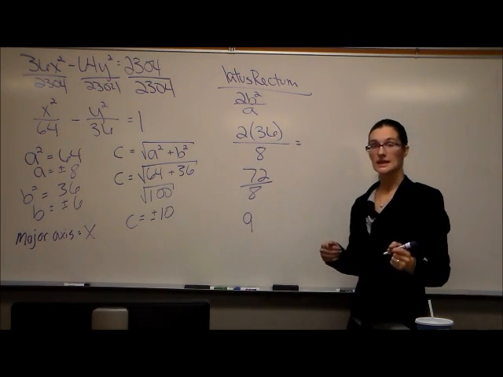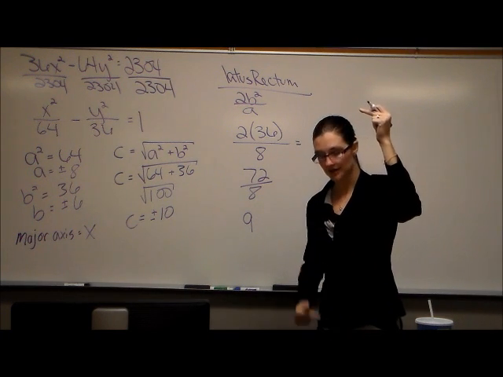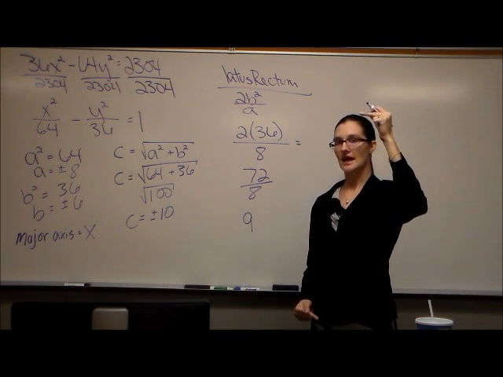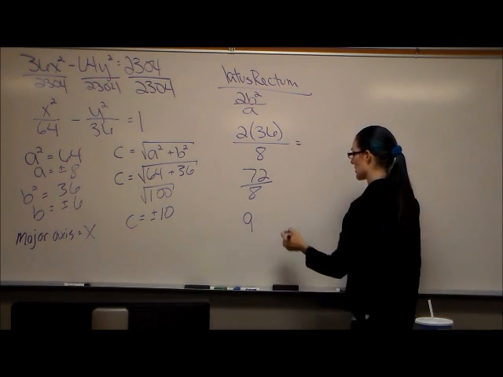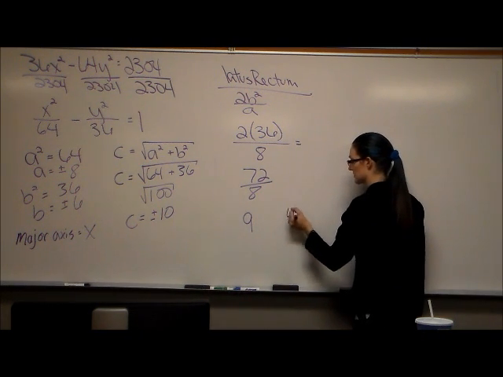Okay. Which means the amount that it goes up and the amount that it goes down is only half the distance of the entire thing, coming from the center. So our up and down is going to be 4.5.